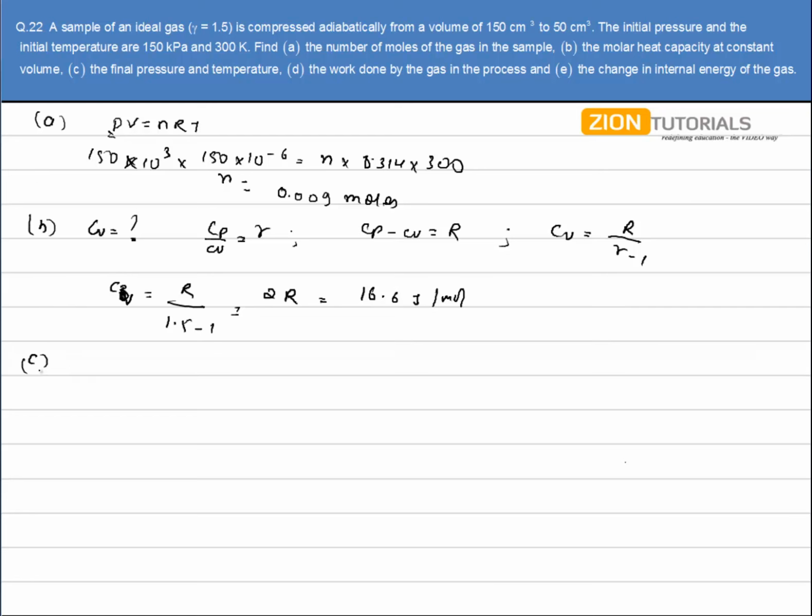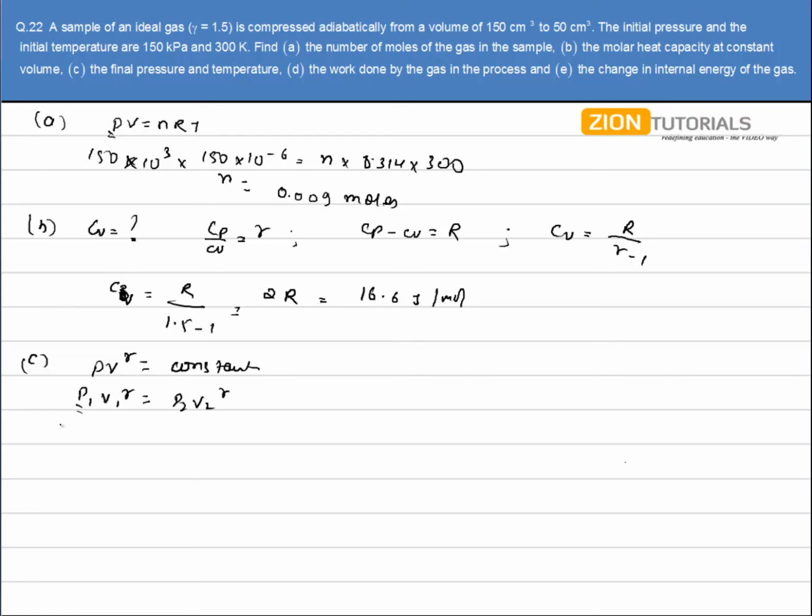Alright, in part C, I have to calculate the final pressure and temperature. It is given that it is an adiabatic process, so PV to the power gamma will be a constant. I can write P1 V1 to the power gamma is equal to P2 V2 to the power gamma.